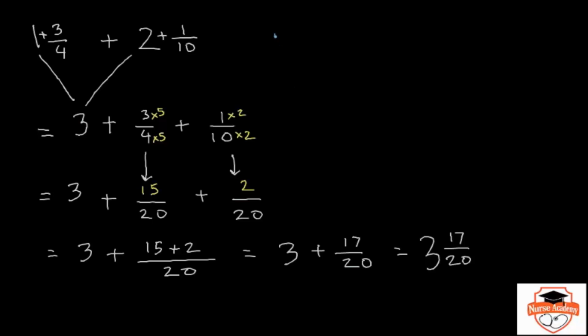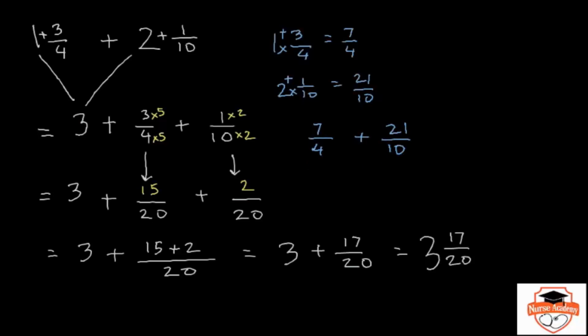So 1 and 3/4 is going to be 1 times 4 plus 3, remember? So that's 4 plus 3, that's 7/4. And then you have 2 and 1/10 as 2 times 10 plus 1, that's 20 plus 1, that's 21/10. So you add 7/4 plus 21/10.